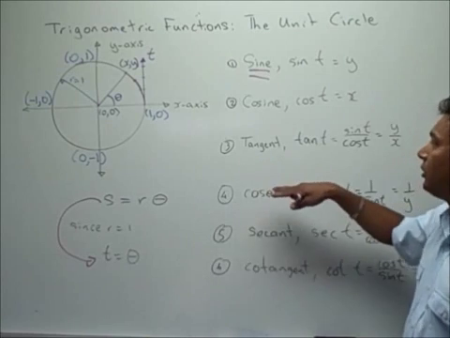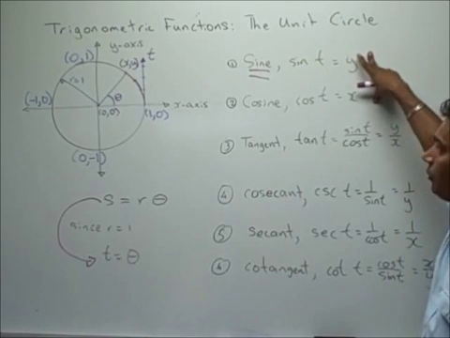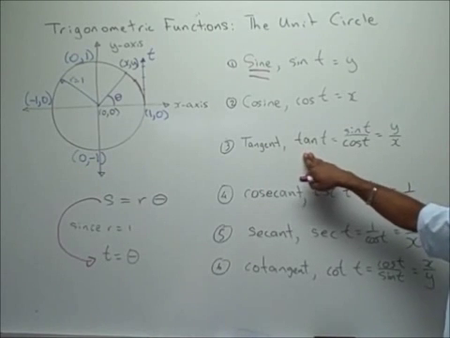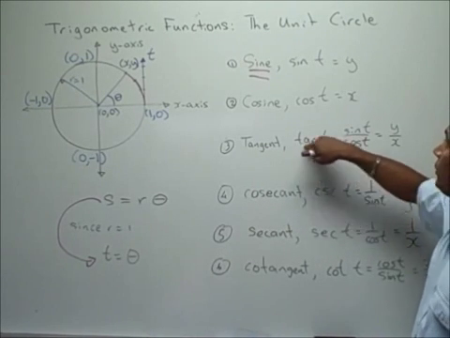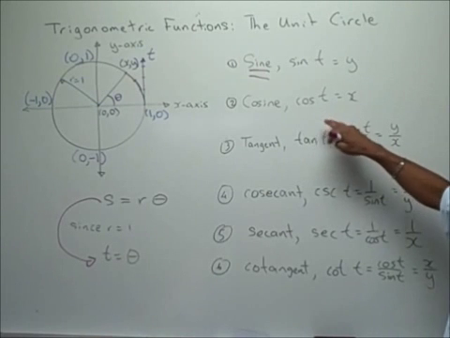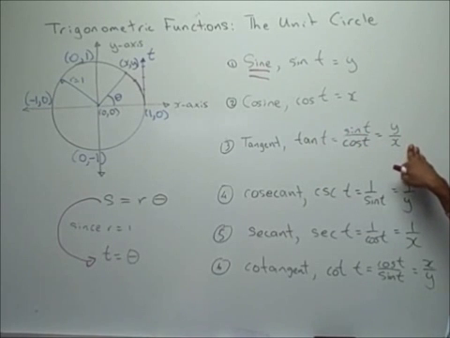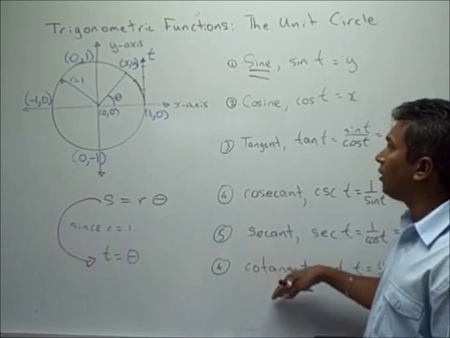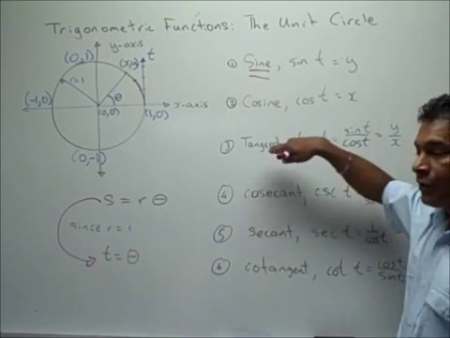Every other trig function is based on these first two trig functions. The tangent trig function, which is abbreviated tan, is equal to sine over cosine, or simply y over x. The fourth, fifth, and sixth trig functions are all inverses of the first three.